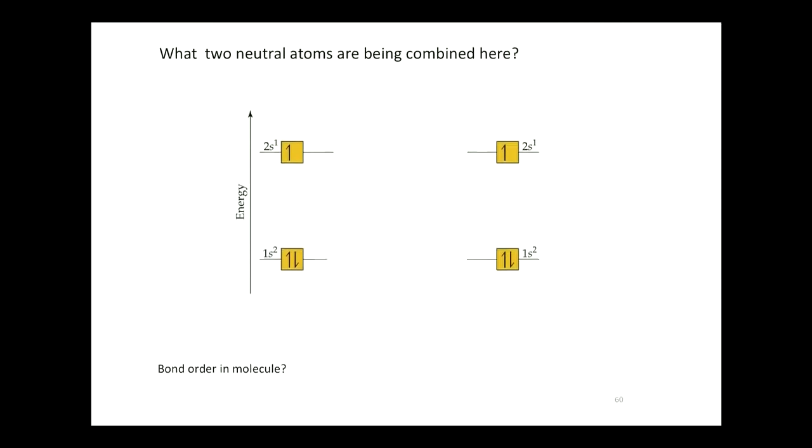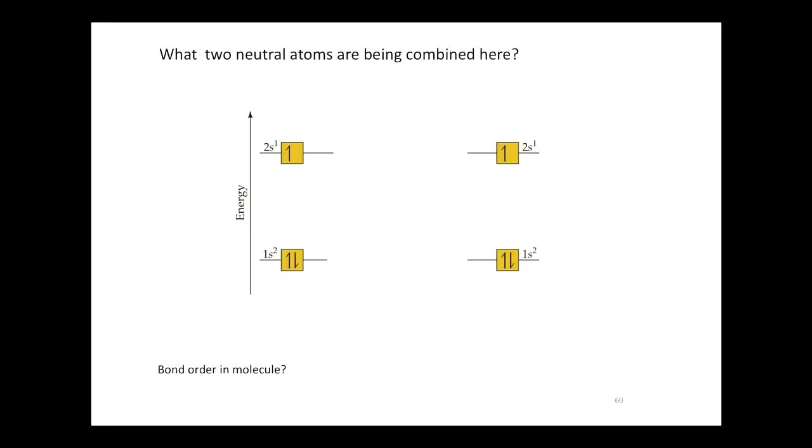Okay, with that in mind, I just reviewed it. What 2 atoms am I showing you right now? Get a hint from how the electrons are labeled. It says 1s, 2s, so these are atoms.